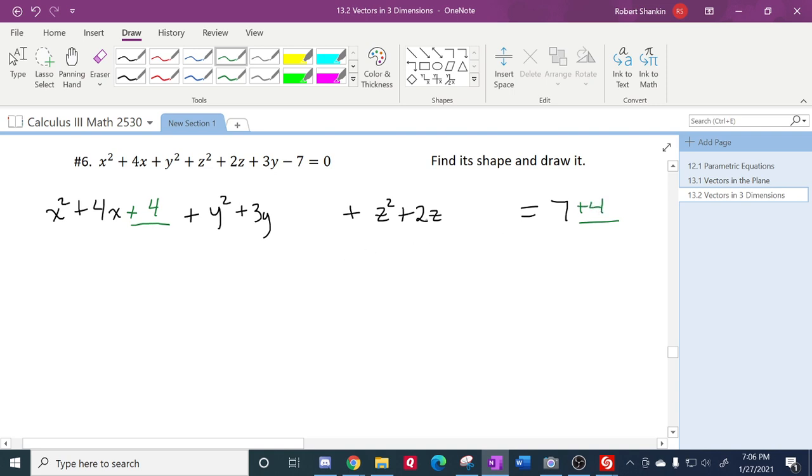Now let's go to this one next. What's going to go here? 2.25. You take half of this and square it. Is it 9/4? That's right.